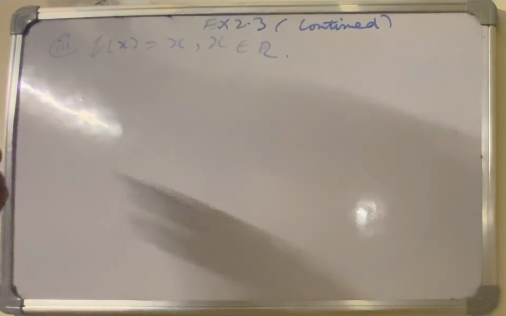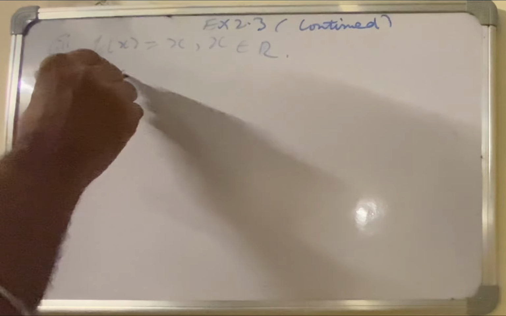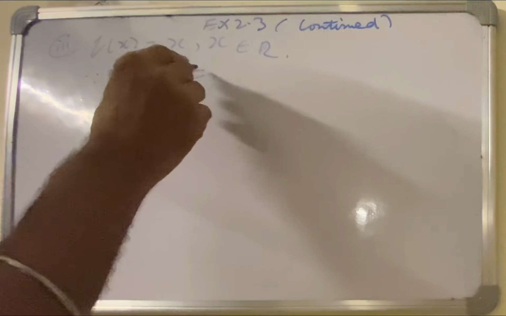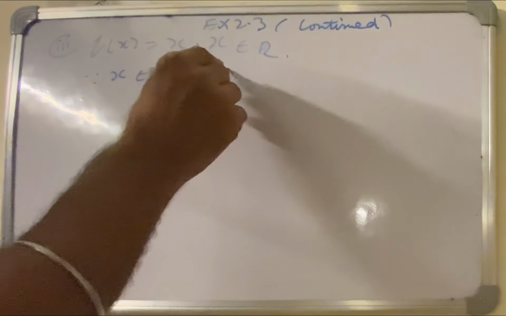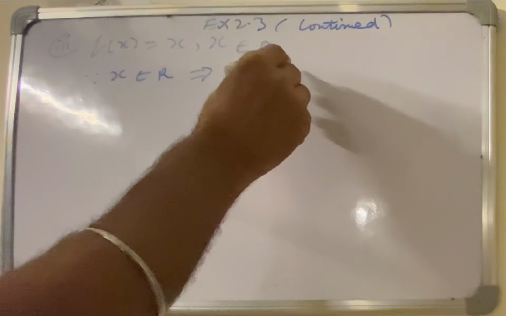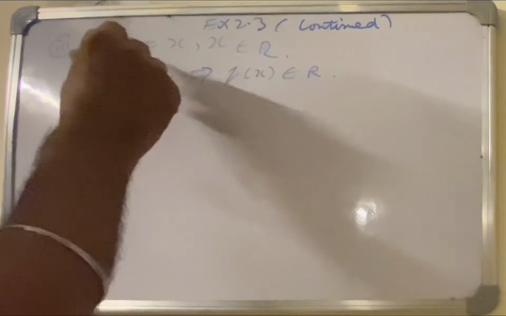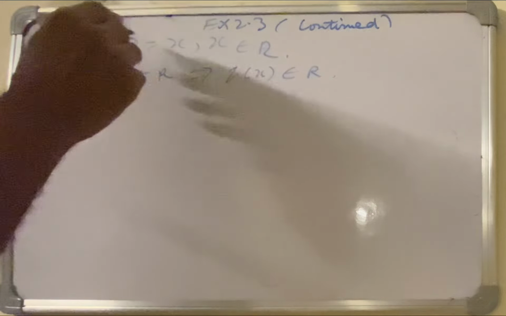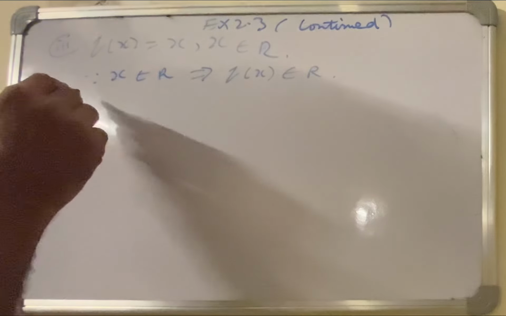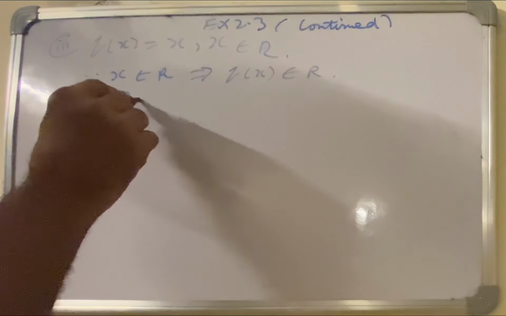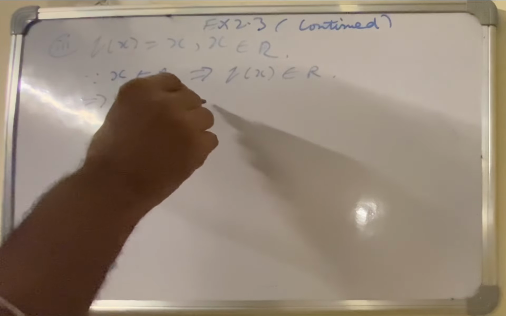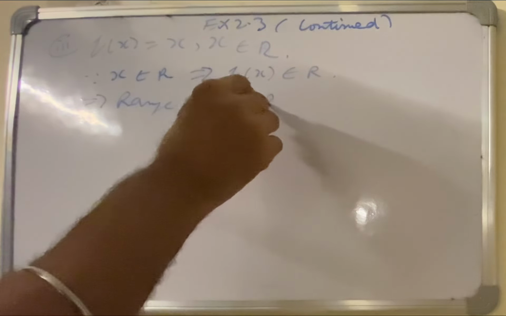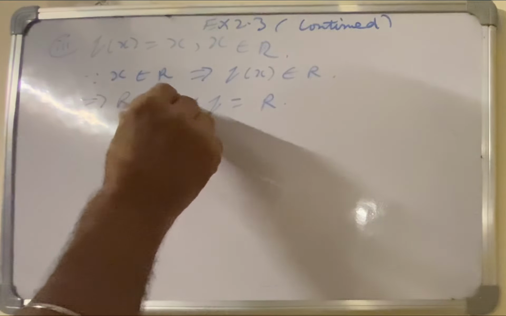Now since x is a real number, it is given, then f(x) is also a real number. Why? Because f(x) is x. X is a real number, then f(x) is also a real number. That means the range of f is the set of real numbers.